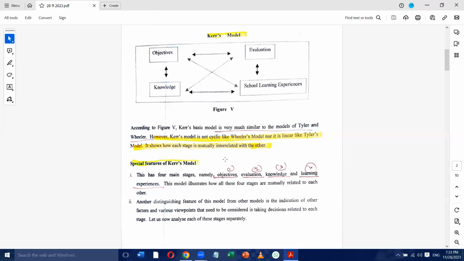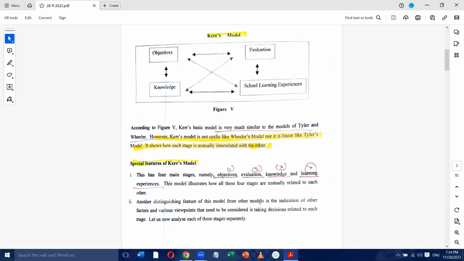It shows how each stage is mutually interrelated with the others. After this, I'll show the special features of Kerr's model. It has four main stages, namely objectives, evaluation, knowledge, and learning experiences.